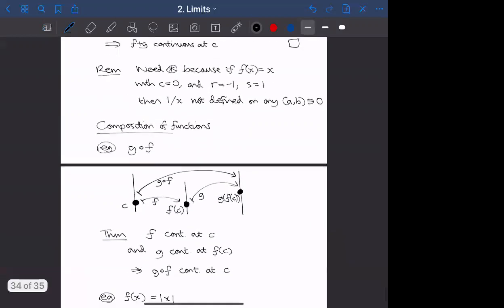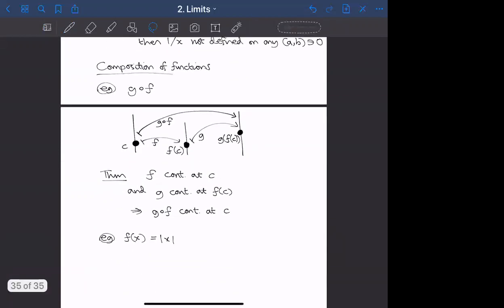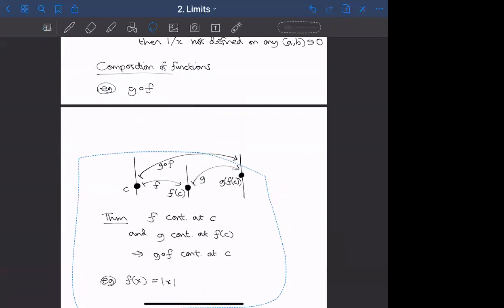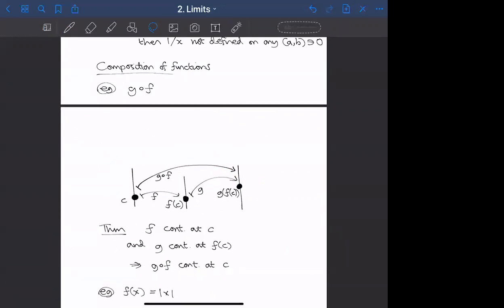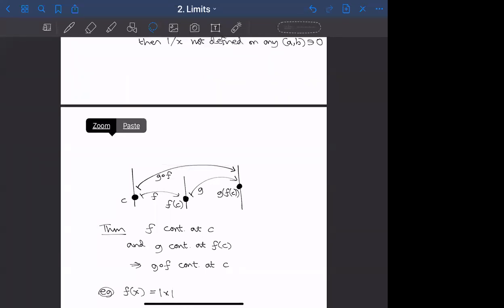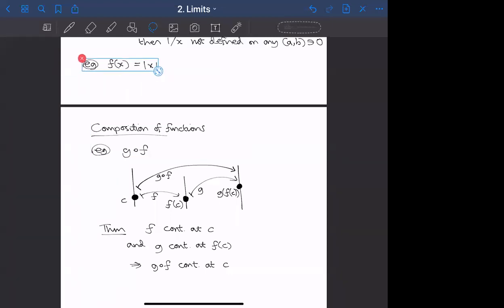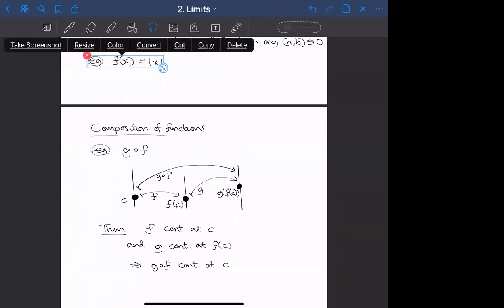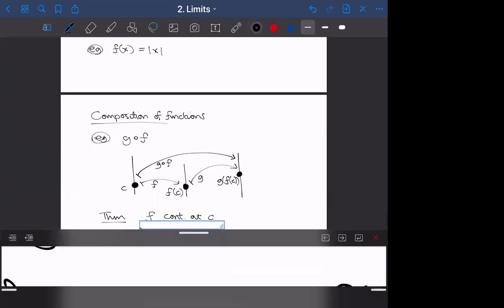Okay, I'm actually going to change the order here because otherwise it's going to be a bit confusing. So this is composition of functions. I just want to use this function absolute value to make an example.